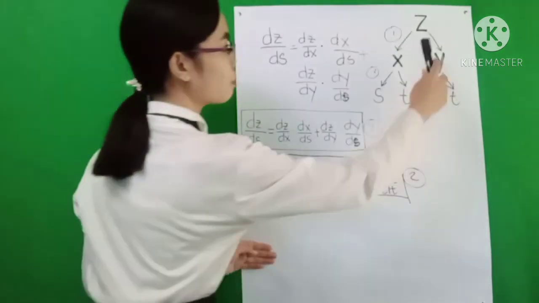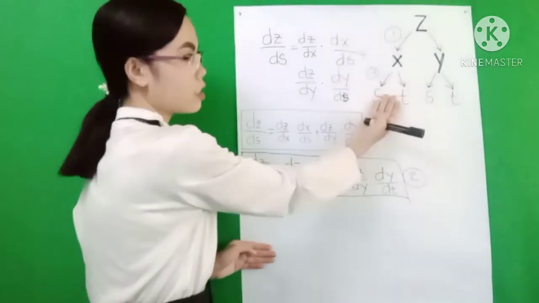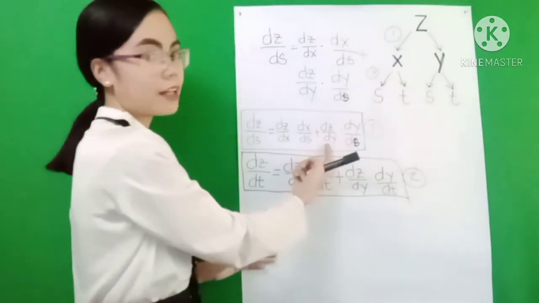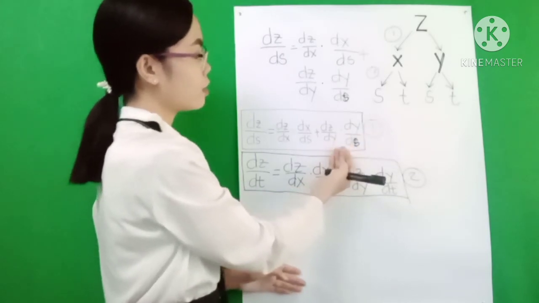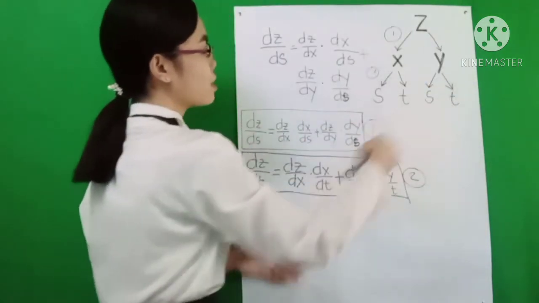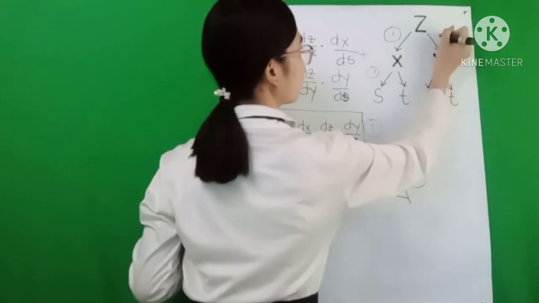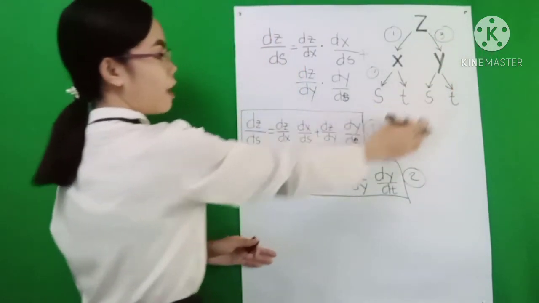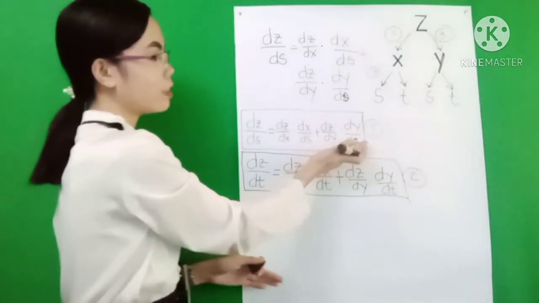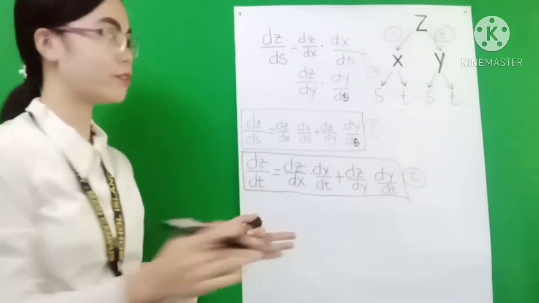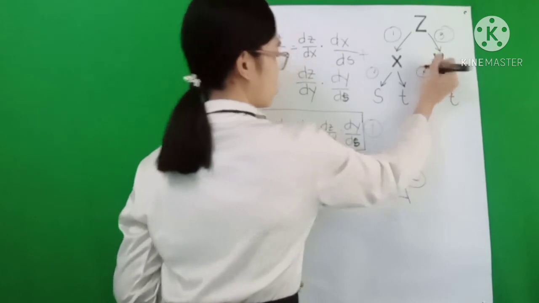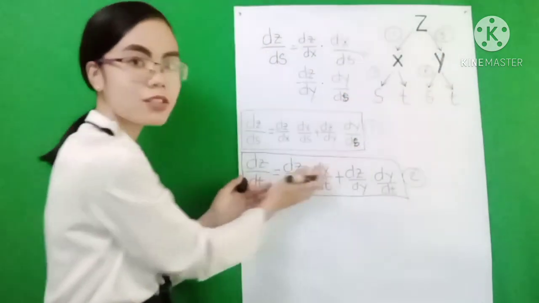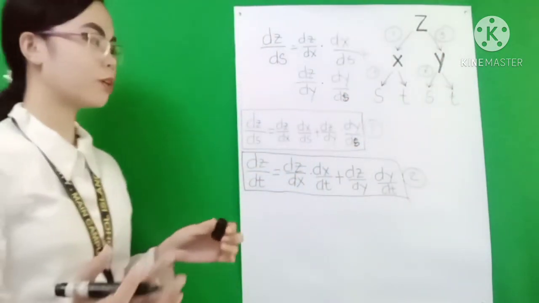So we go along this particular branch, plus dz over dy times dy over ds, the partial derivative of y with respect to s, as we go along this branch. So this would be our first formula in Theorem 108.